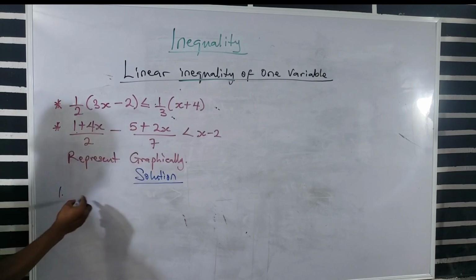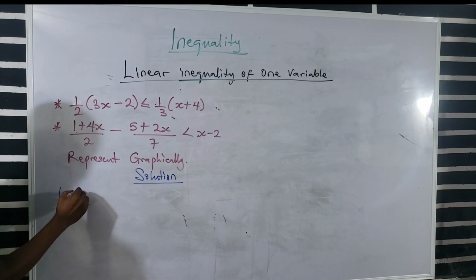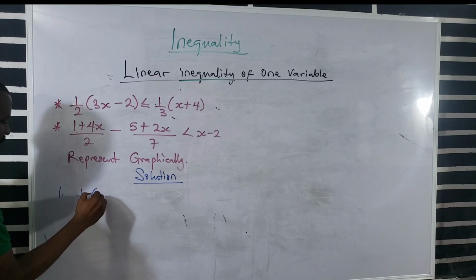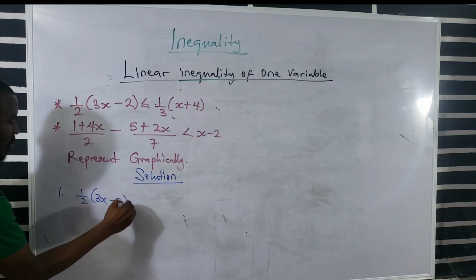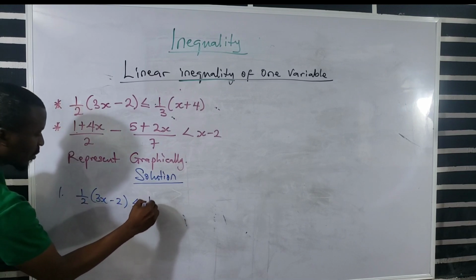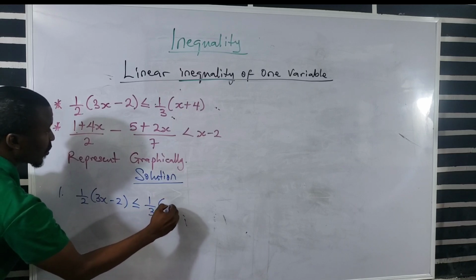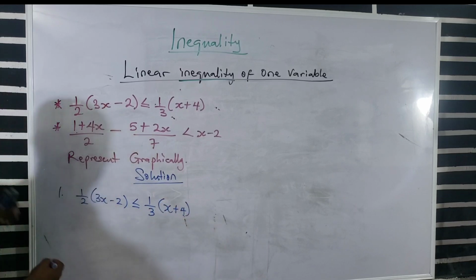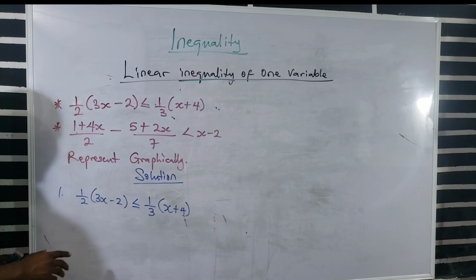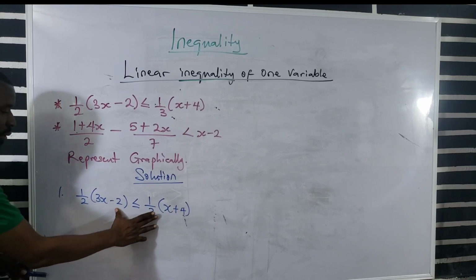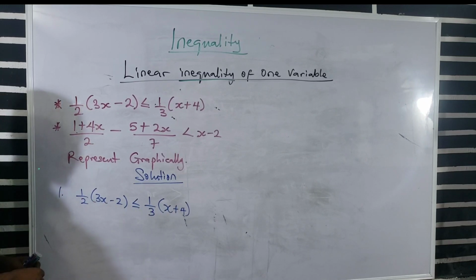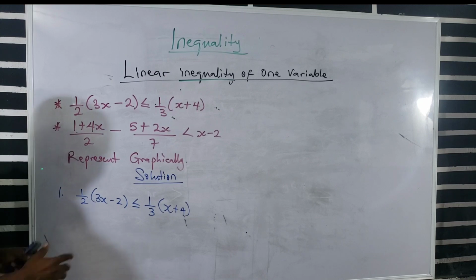The first one, I have it as 1 over 2 into 3x minus 2 less than or equal to 1 over 3 into x plus 4. The first thing to do is to remove the fraction.